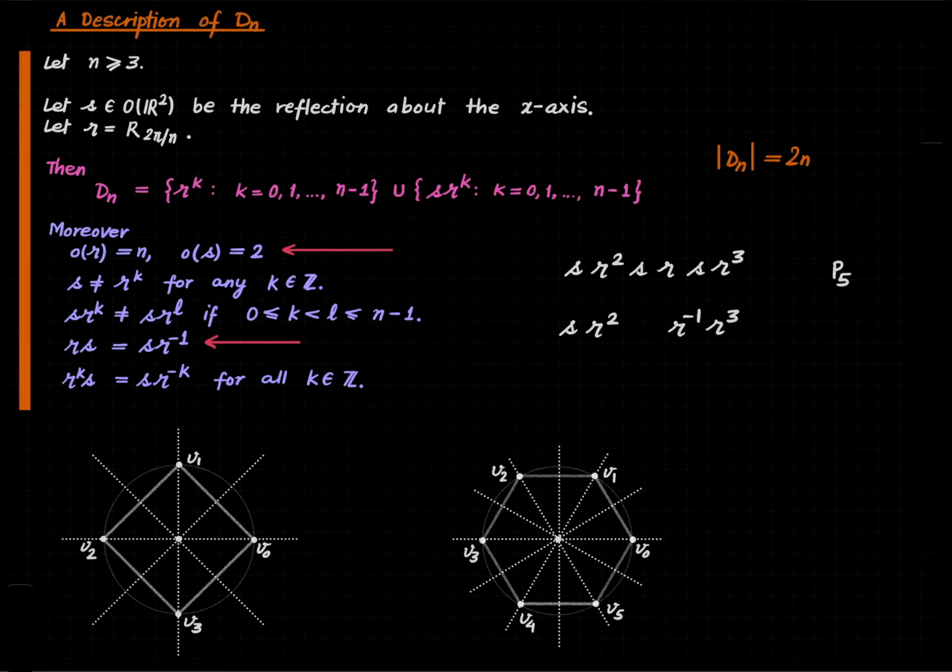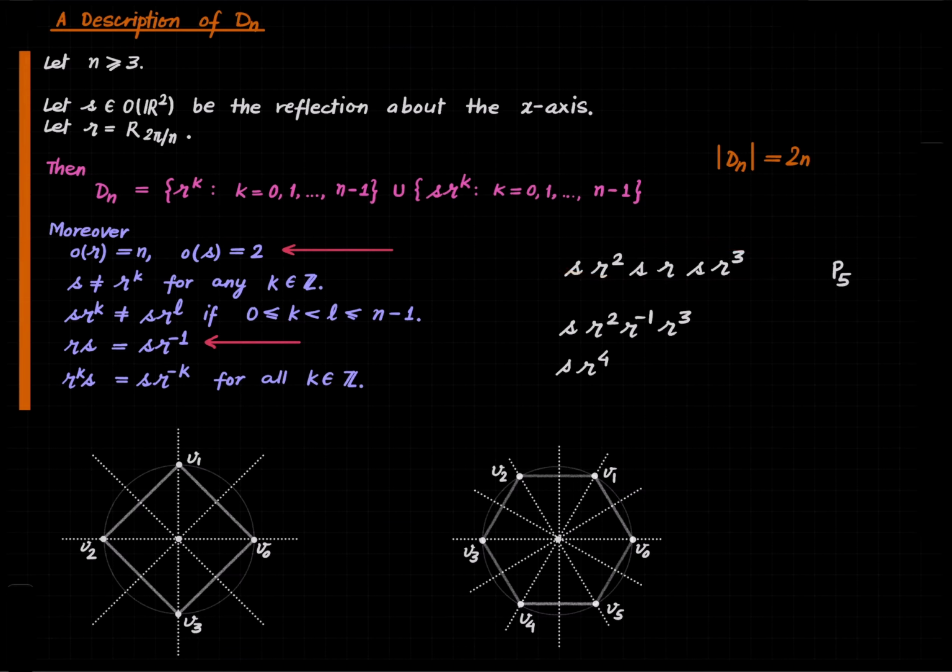And what we are left with is s times r to the power 4. So that's what it is. This complicated looking thing is just that. You rotate 4 times by angle 2 pi by 5, and then you reflect about the x-axis. That's what this complicated looking thing is.